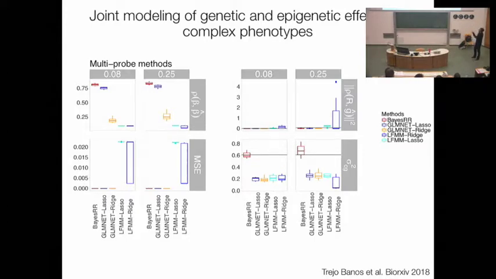So this is the correlation between our estimates and the truth, the mean square error, the correlation between what we estimate, what the background structure is, and the genetic values. It's not overinflated here, and we get accurate estimates of what we simulated the variance explained by the CpG sites to be.